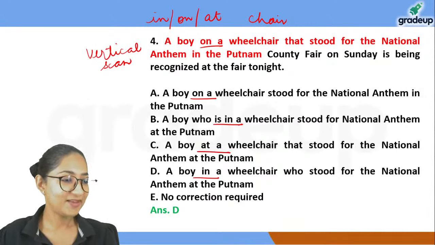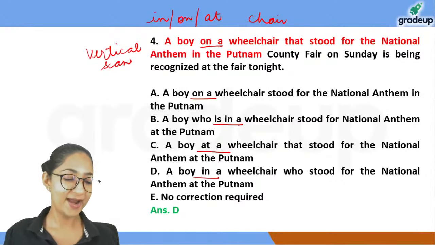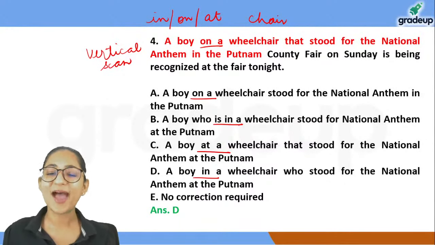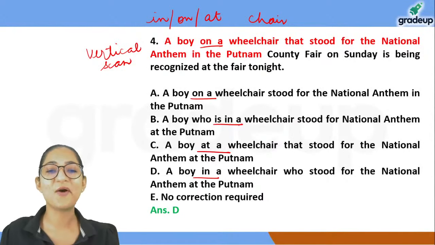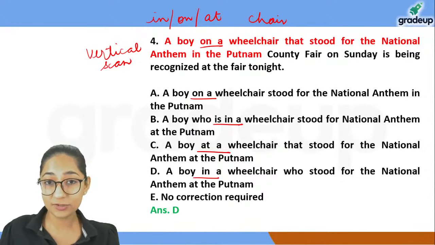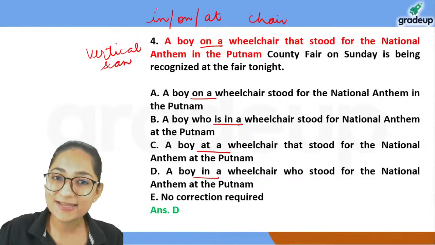Quickly tell me which one is appropriate in here. Structurally correct also we'll look at, but right now we're just working on the scan. Jogi says it can be in also. Okay. Guys, the correct is in.